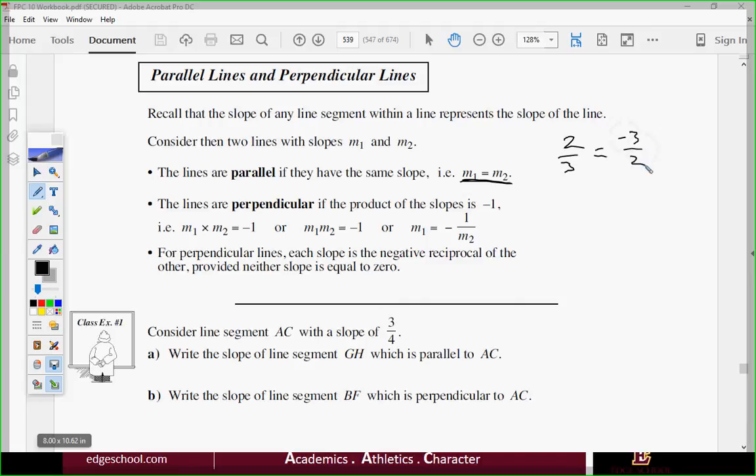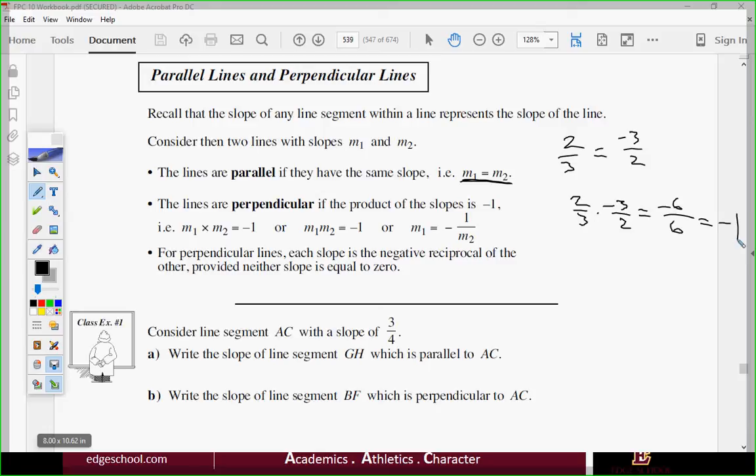Flip it, switch it. Flip it over and switch the sign. So if you're asking where's the -1, the -1 is 2/3 times -3/2. It's right there. When you multiply those two, they equal -1.